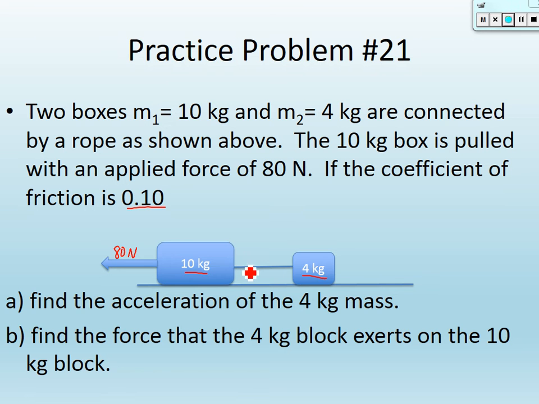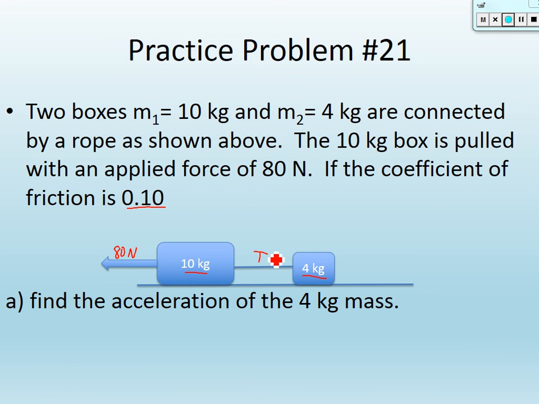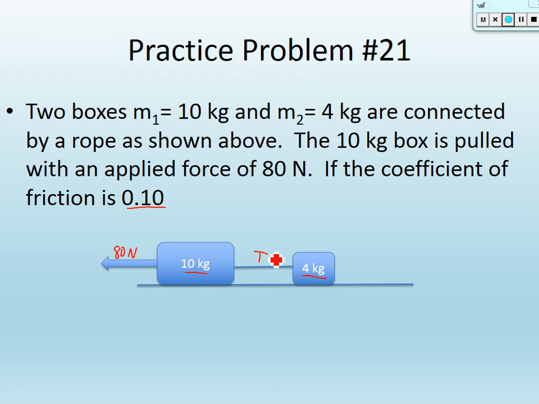What do we call a force in a rope, string, wire, or cable? This is going to be tension, right? So that's kind of a clue to this problem. So let's go back. I'm going to take this off and find the acceleration of this 4 kilogram mass. So again, what I would like you to do is draw the free body diagrams for these separately. Okay, this is the 10 kilogram block.